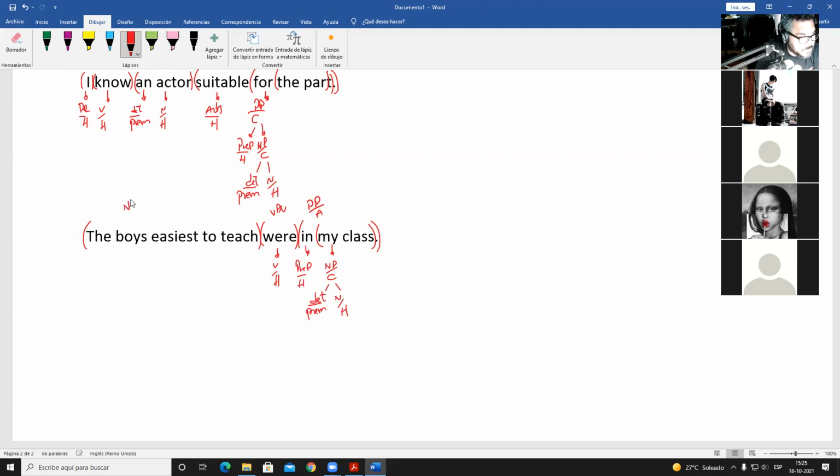Therefore, this is a noun phrase. Subject with the determiner, premodifier. Boys is my noun head, and then I have easiest to teach. What is this? Easiest to teach. Easiest is an adjective, right?